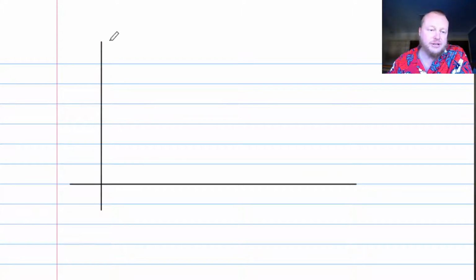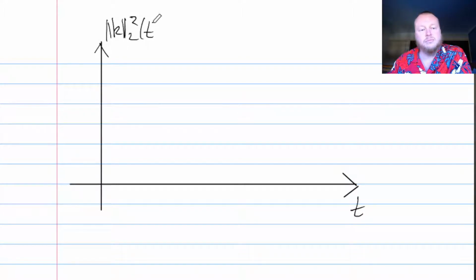So say we've got, this is our time, this is t. And let's look at just the curvature in L2. Then who knows where this time is?